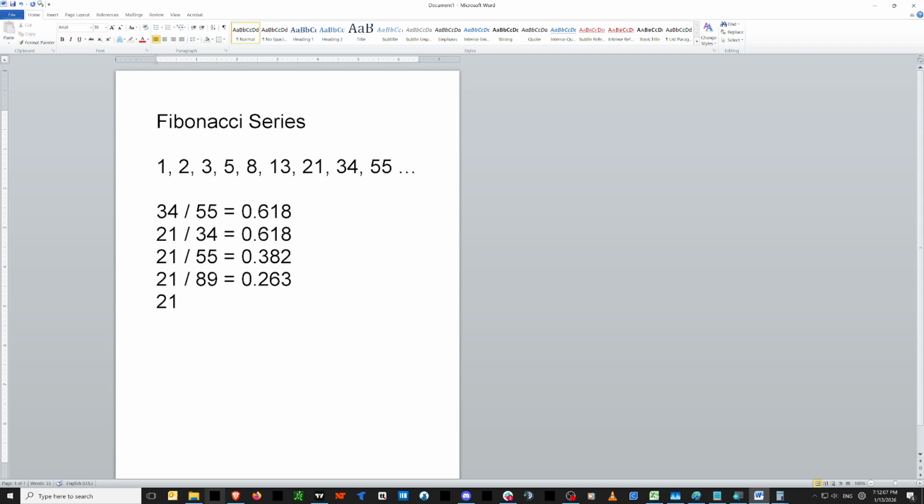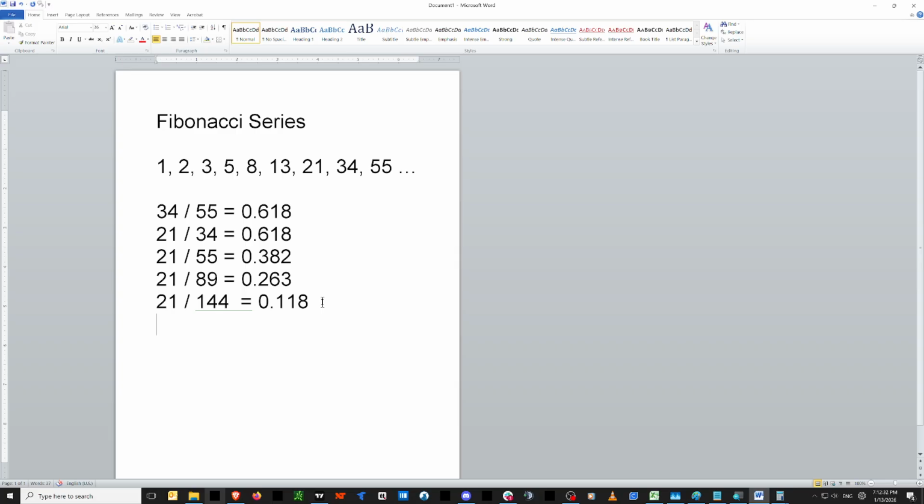And then if we take 21 and divide it by 144, the next number out, we would get 0.118, and so on. Now these fractions are the numbers that we're interested in: 0.618, 0.382, 0.236, and 0.118.